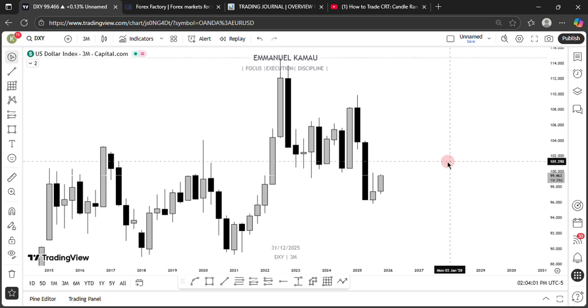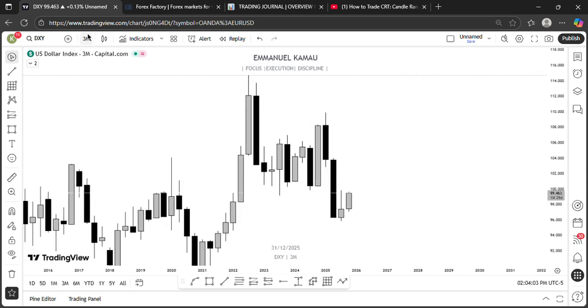As you can see, this is a 3-month candle. That means this candle has taken a span of 3 months to form. This was 2024. When we came in 2025, we first distributed and took out the previous high, which was in 2024, and formed the high of the year at this specific place.